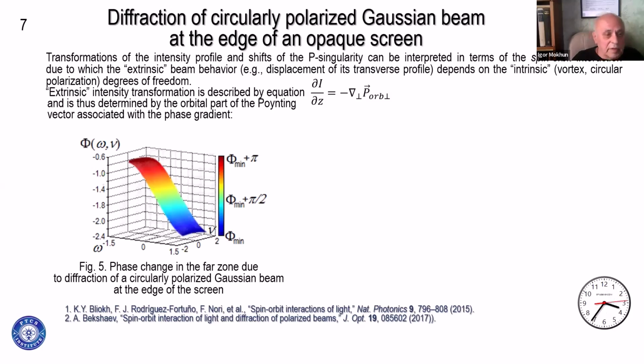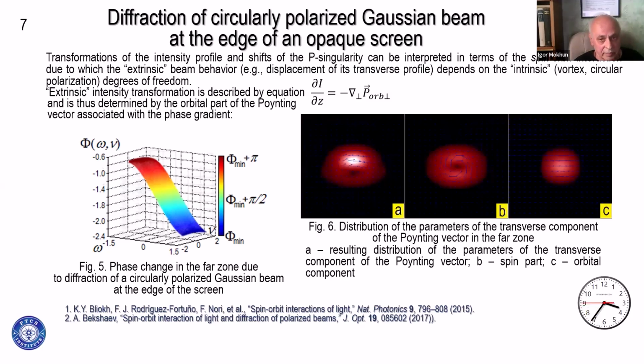This occurs because some phase gradient emerges in diffraction fields. As follows from the figure, the phase change occurs only in one direction, perpendicular to the edge of the screen. And second, the change itself in the zone of the diffracted beam is small and practically linear.